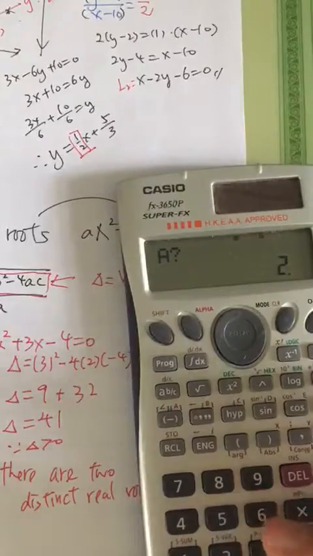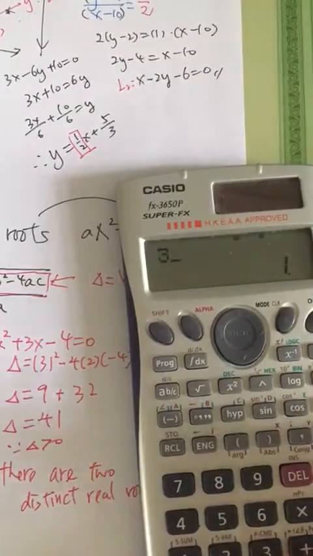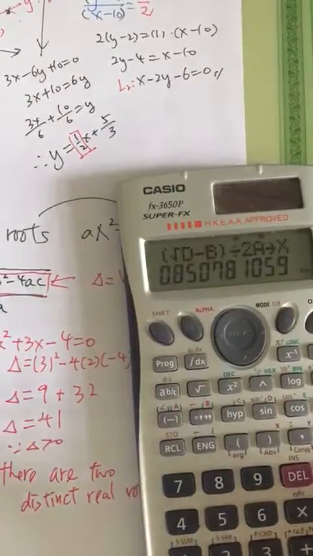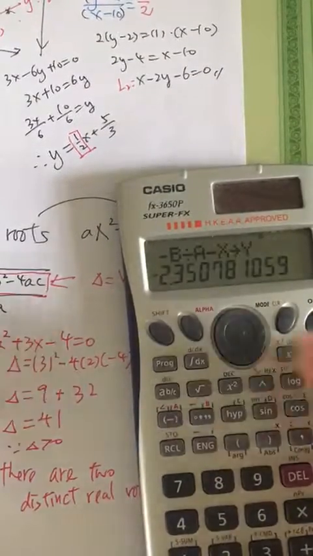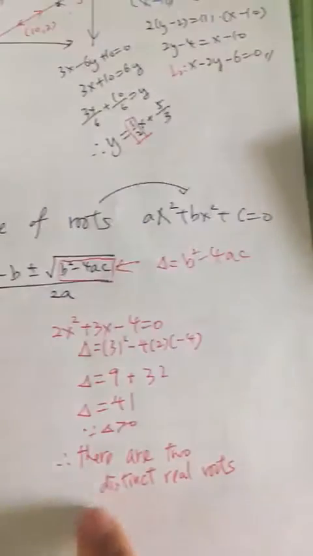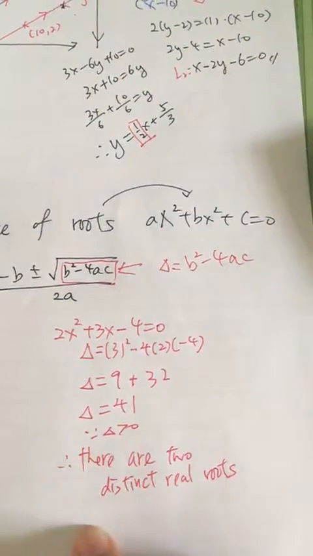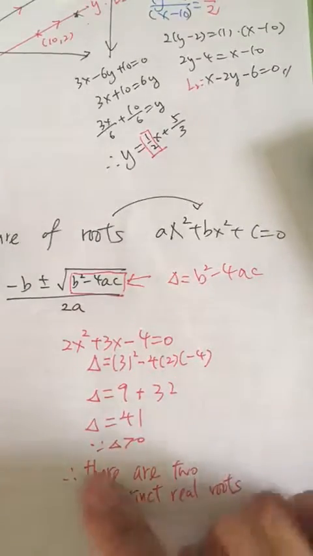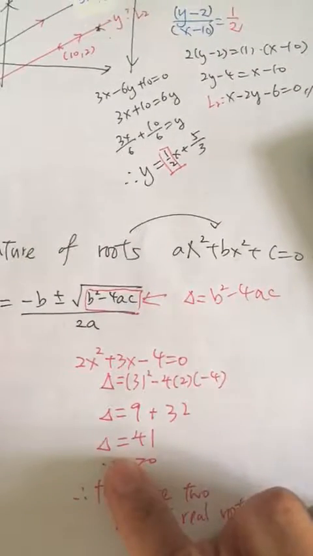For example, I substitute 2, 3, negative 4, and calculate the discriminant. You know the first root and second root are different values, so they match our conclusion. We didn't find the exact roots because we only want to understand the nature.